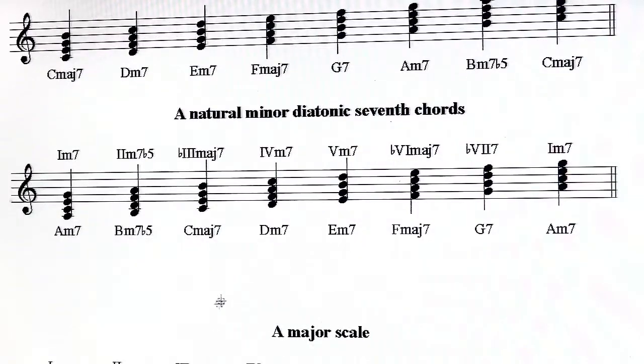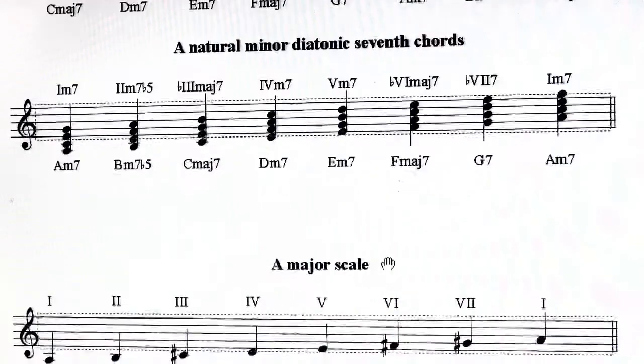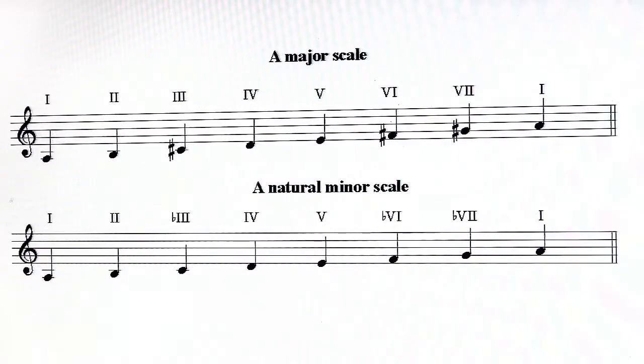Now, you may be wondering why these particular degrees are referred to as flat 3, flat 6, and flat 7. The reason for that is because all harmony and intervals and scale and chord structures are analysed against the major scale.